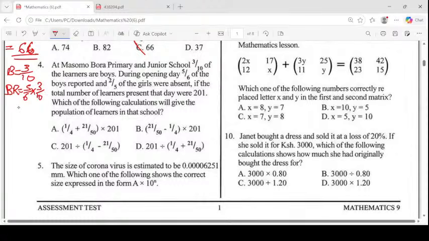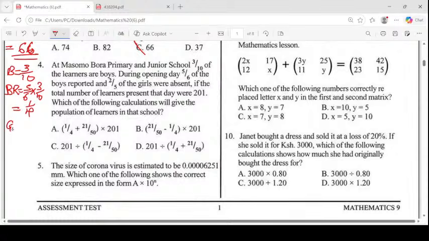So this simplifies to, when you take 5/6 times 3/10, you get a quarter. This means that a quarter of the boys reported that day.